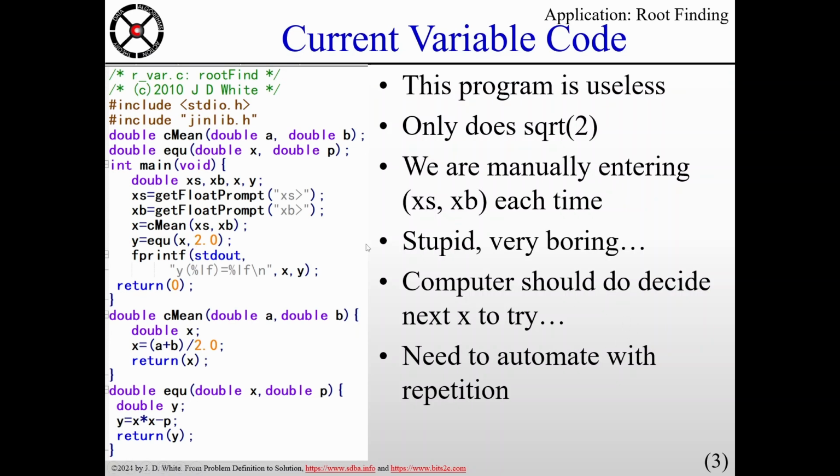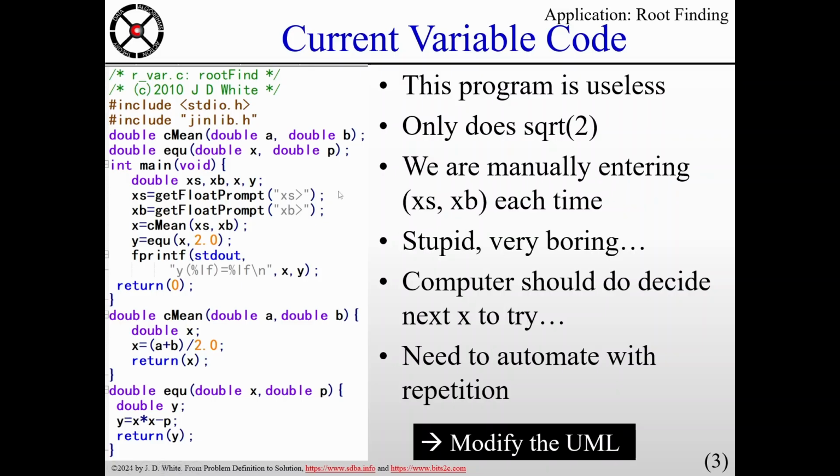But this is quite stupid and boring to do it this way, us deciding the next value of x and y to try, so we need to try to automate it to add repetition. So in this case, we want to first of all start by modifying the UML. That's the first step we need to do, is modify our UML before we do anything else.